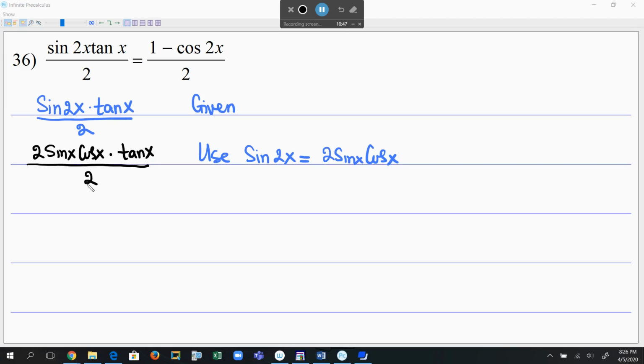Okay, so now the next step, before we cancel the 2, just leave it there for the time being. The next step, we are going to use the identity that tangent is sine divided by cosine.